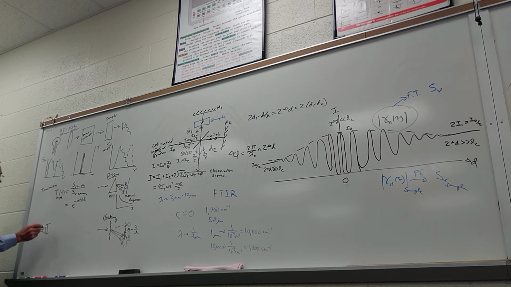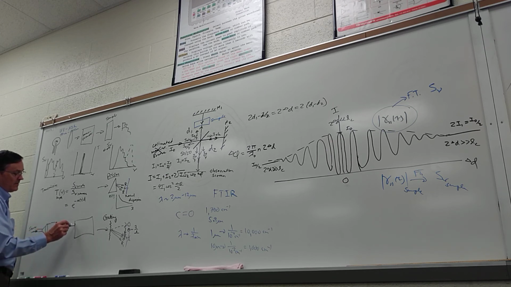Collimate it, capture that with another lens, focus it down into a fiber, and run this fiber into your spectrometer. It comes out, you collimate it, and run it into a grating like this.